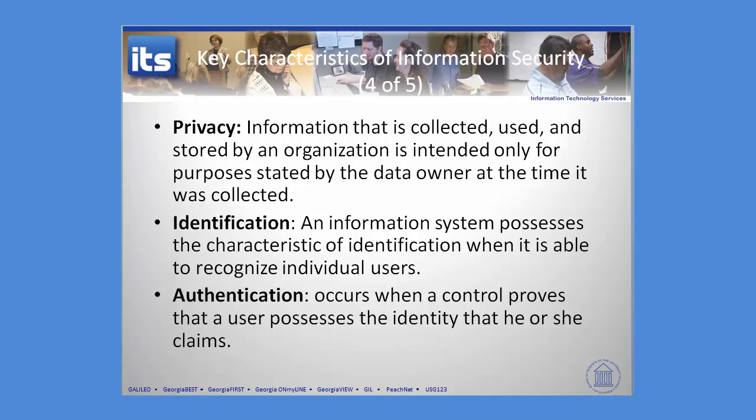All right, identification. Identification means you have some characteristic that allows the system to recognize you. It might be a username and password. It might be biometrics in the form of a fingerprint, or a retinal eye scan. They might take your blood and analyze it and go, yep, that's you. Those are all forms of identification.